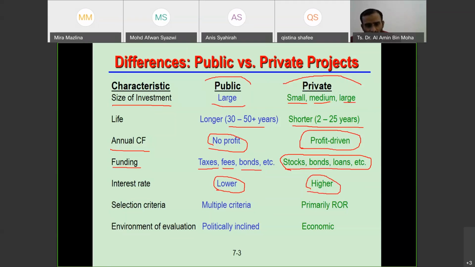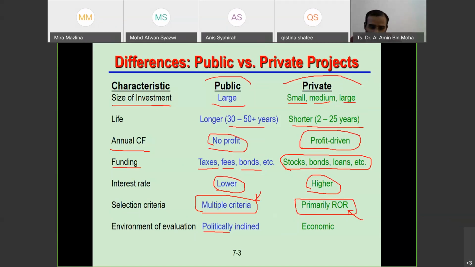And selection criteria, they have multiple criteria. Private is primarily ROR. Since you missed this chapter, ROR is rate of return on investment. So it is based on whether you got back what you invested and whether you got more. That would be the comparison, the profit. But for selection criteria for public, it's not only ROR, but they may have other aspects, including being politically inclined.